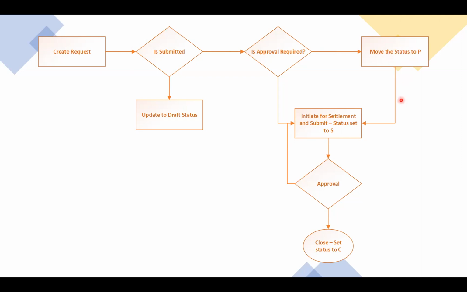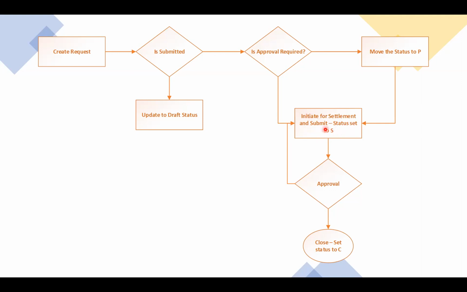Once it is approved, again, this is going to be a new screen on the Fiori app itself, or we can build a new app for approval. Once it is approved or categorized as approval not required, then it goes to the next step. The user can initiate settlement and submit it. The status will be set to yes.